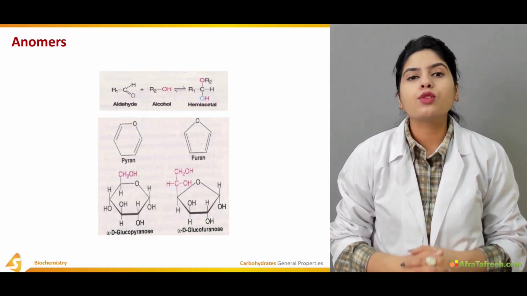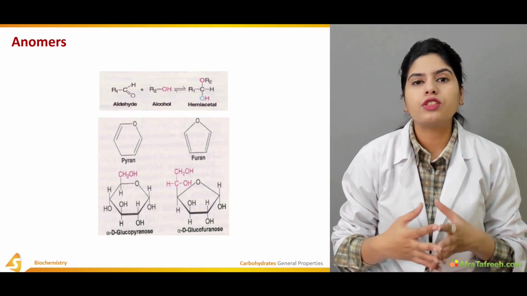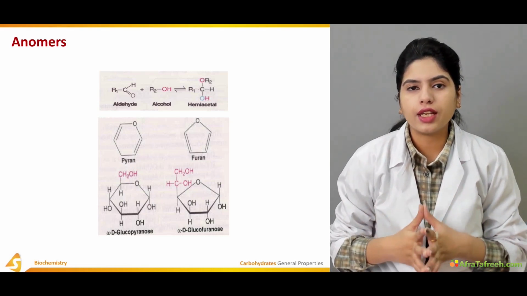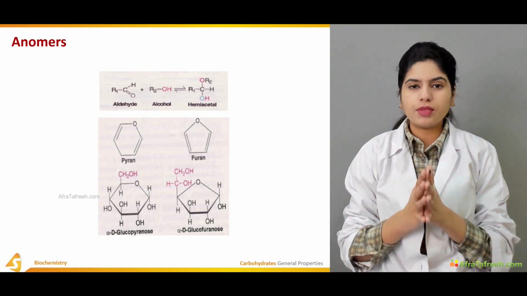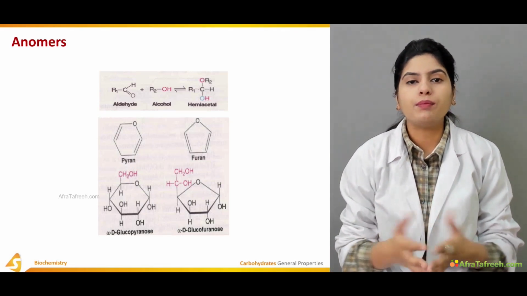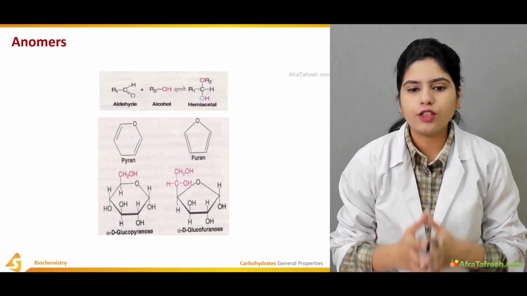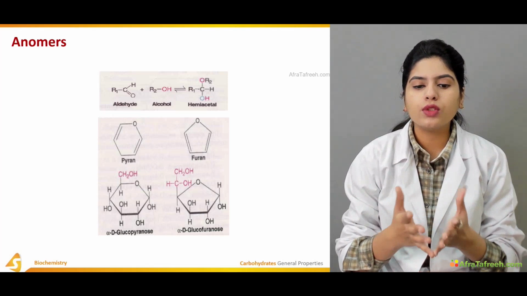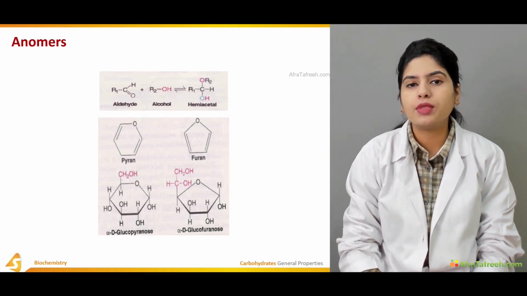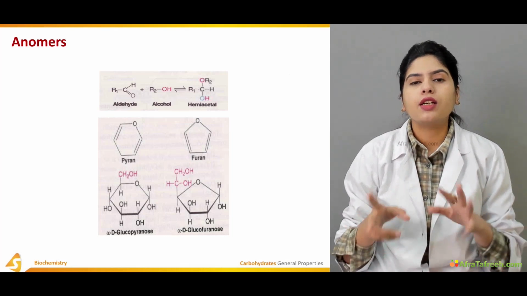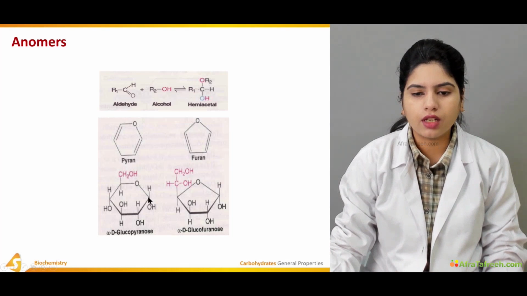Basically, due to the presence of this anomeric carbon, there is the formation of the anomers that we have discussed in the first section, the alpha and the beta. The alpha glucose and the beta galactose, we have mentioned that they are anomers. So in glucose we have both the alpha form and the beta form. These alpha and beta are anomers to each other because of the presence of this anomeric carbon.